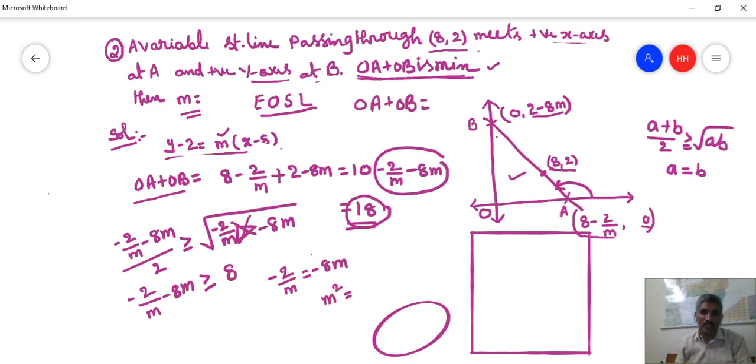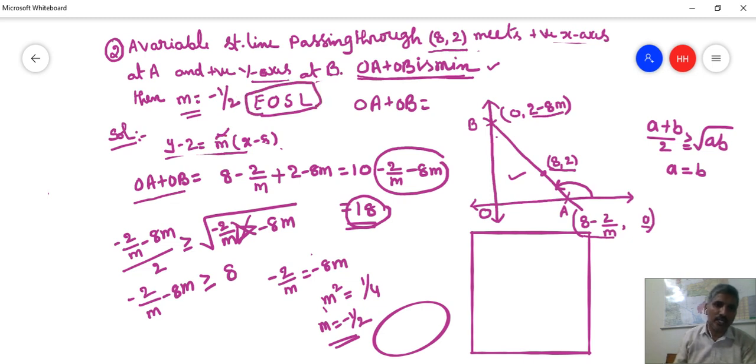Therefore m square must be equal to 1 by 4. Minus minus cancel, m square is equal to 1 by 4, which means the value of m is minus 1 by 2, or not? So we got the value of m as minus 1 by 2. Now the question asks to find the equation of a straight line. Here in place of m, if you substitute minus 1 by 2, we will get the equation of the straight line, or not? Yes.